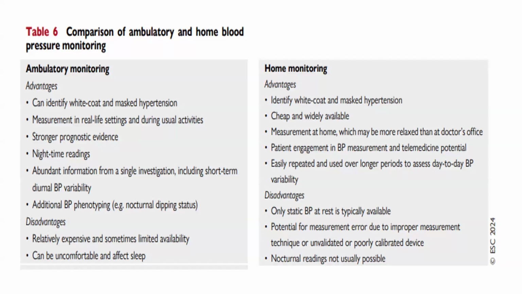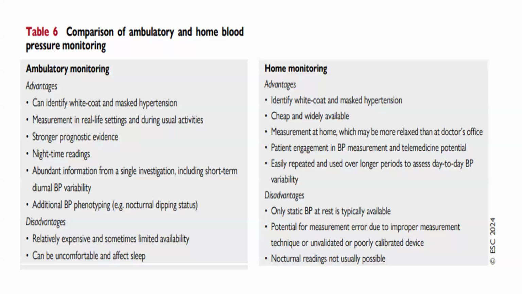And ambulatory monitoring, and also home monitoring, especially ambulatory monitoring, measures blood pressure in the real-life setting. There will be a nighttime reading, and it also gives stronger prognostic evidence.